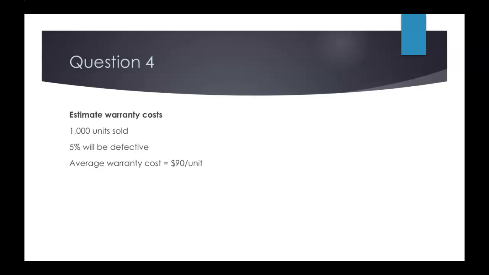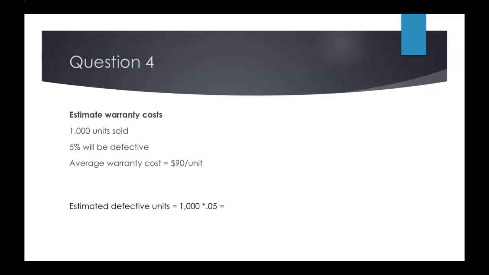So first we need to estimate our warranty costs. So we have 1,000 units sold. We think 5% of them will be defective, and the average warranty is going to cost $90. So let's first figure out how many defective units we think there will be.